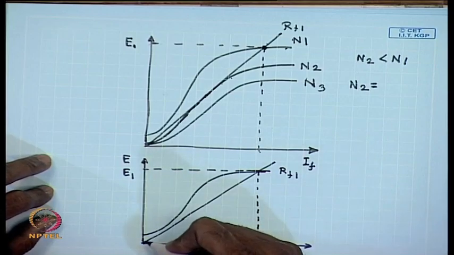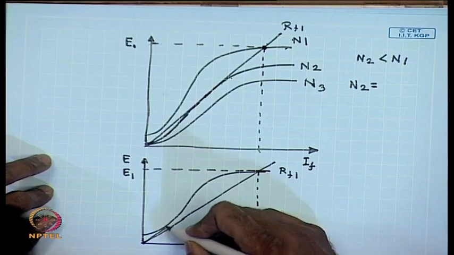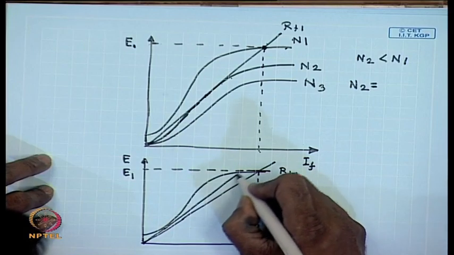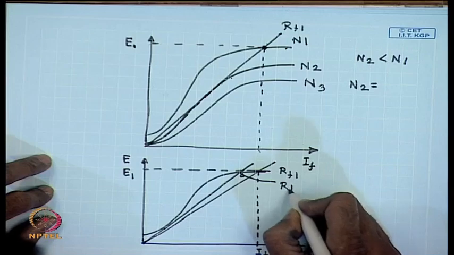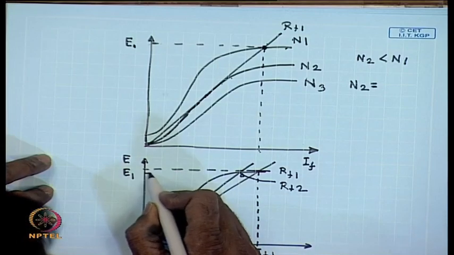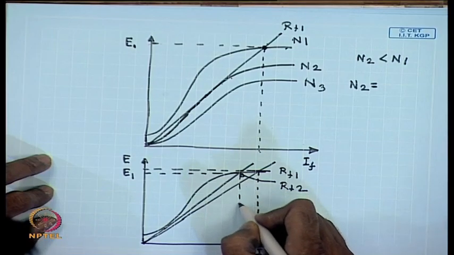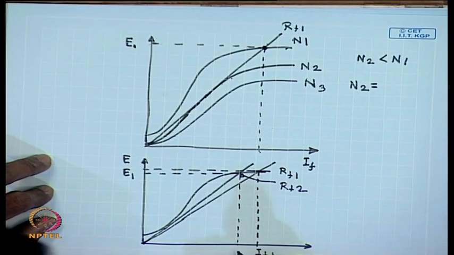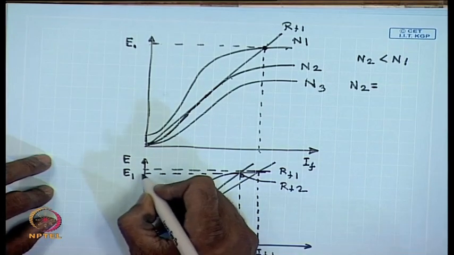If the field circuit resistance is increased to a value of RF2, the no load voltage as well as the field current reduces to IF2.